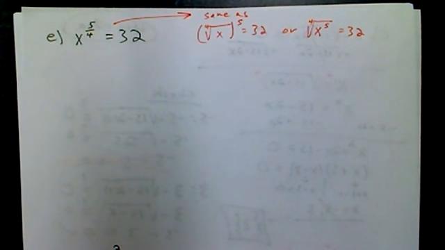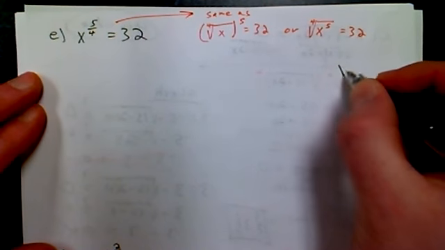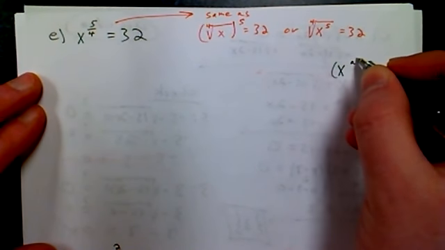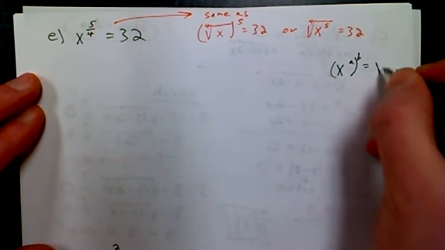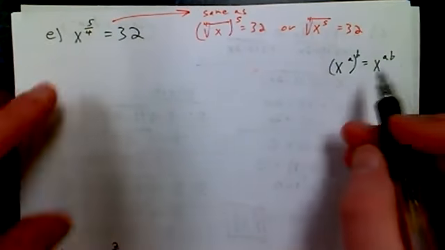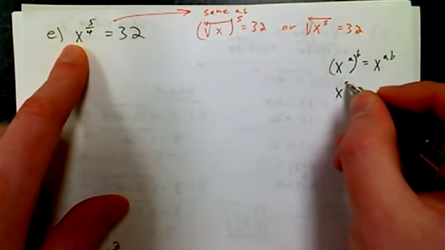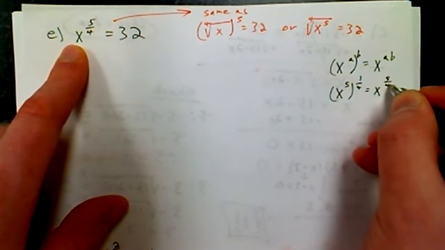You have to remember from your algebra this rule right here. I'll put it right here. That x to the a to the b is equal to x to the a times b. That would be like x to the 5th to the 1/4 equals x to the 5/4.